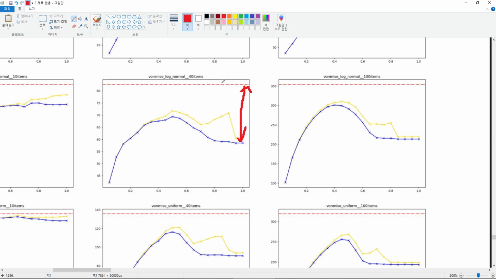This is 80 something, 85, and the plateau level is at about below 60.